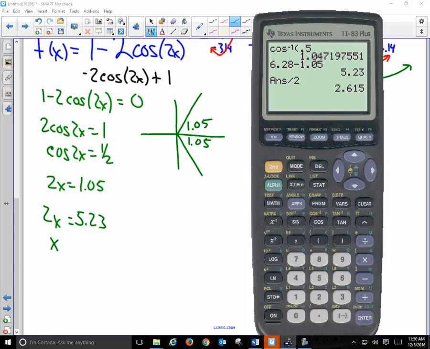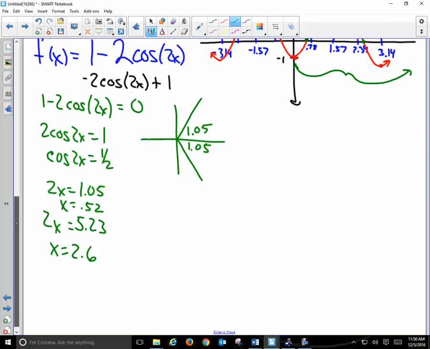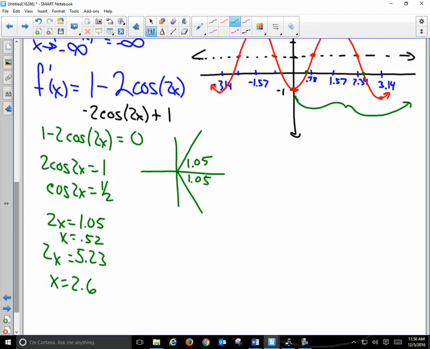And I get x is 2.6, and I get x is 0.52. So that spot right there is 0.52, and that spot right there is 2.6.